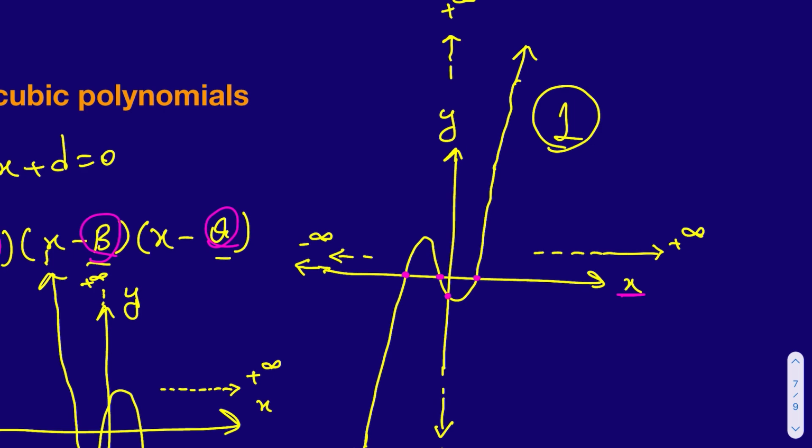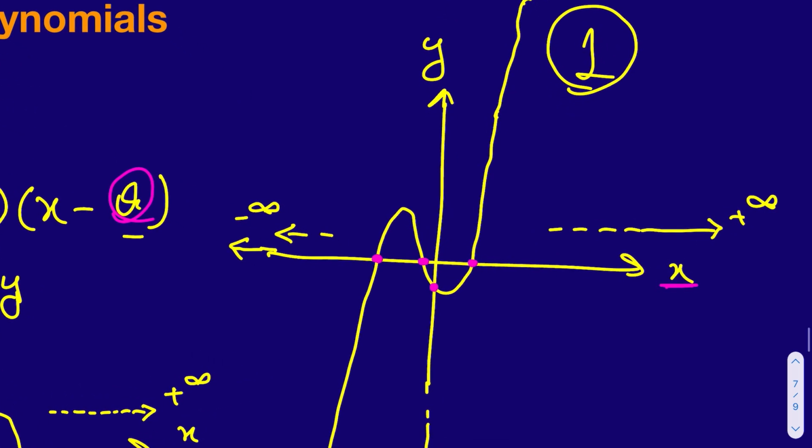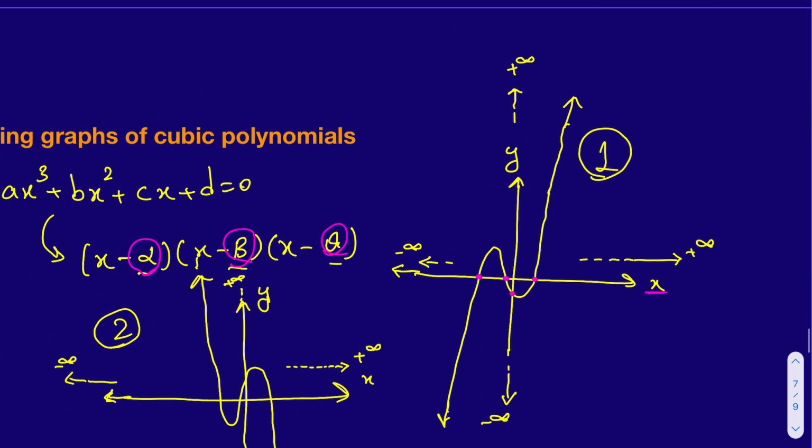These 3 points are the roots of this polynomial. We need to factorize and just find the values of x.